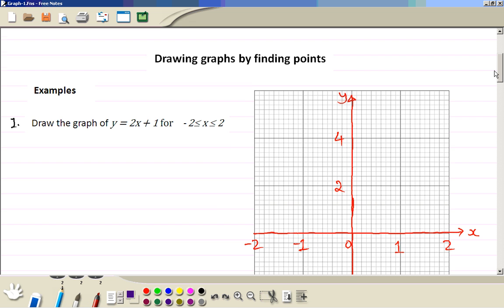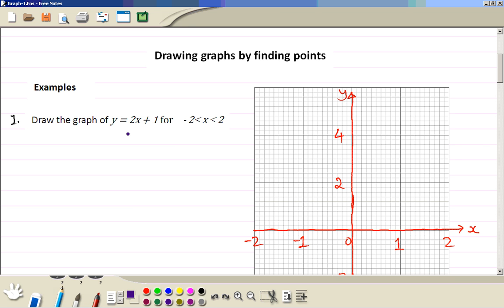Now we're going to draw the graph of this equation, y equal to 2x plus 1. First we're going to make a small table of values. So the x values start from minus 2, minus 1, 0, 1 and 2. Then we get the corresponding y values.